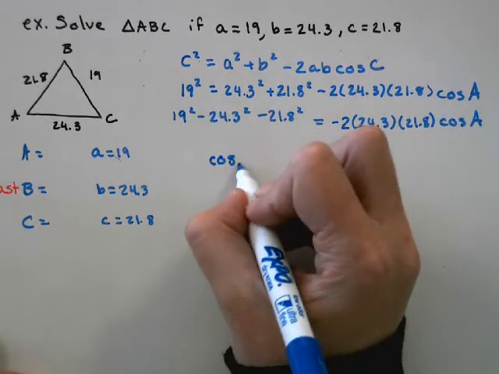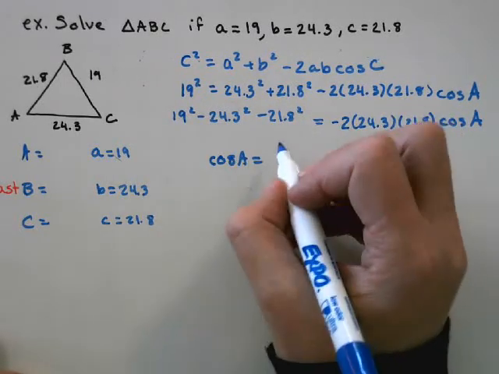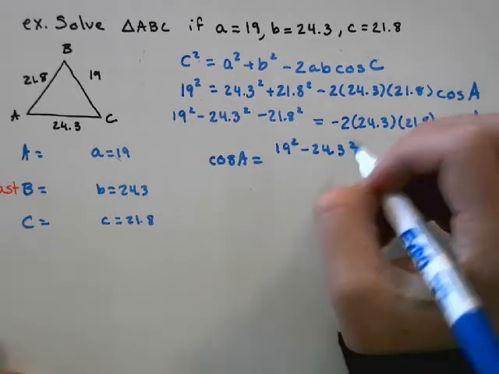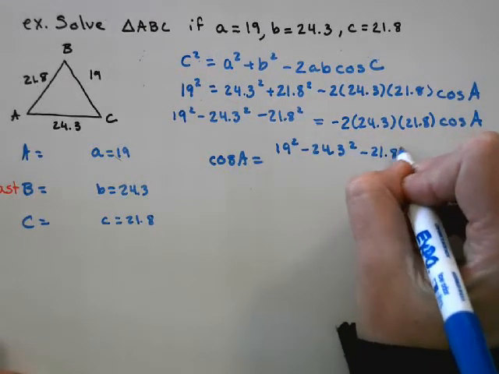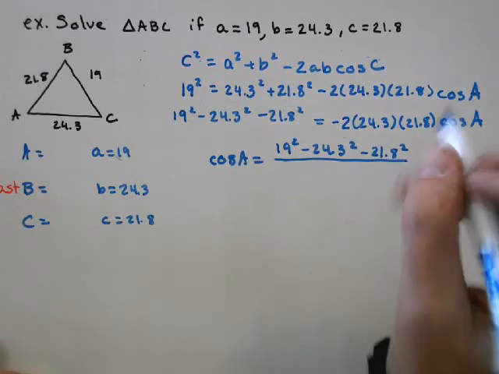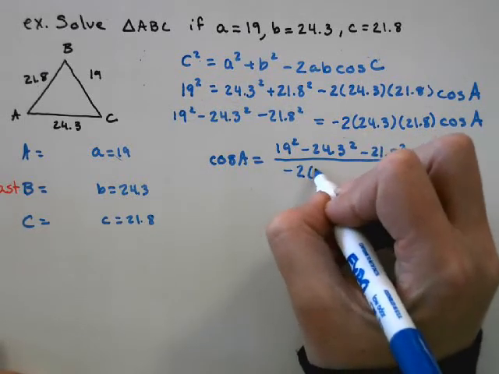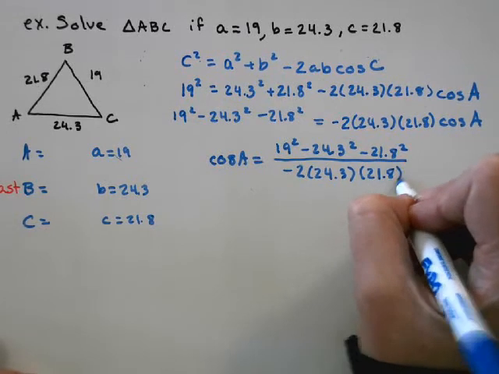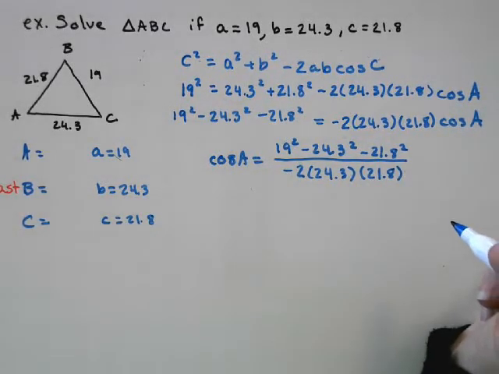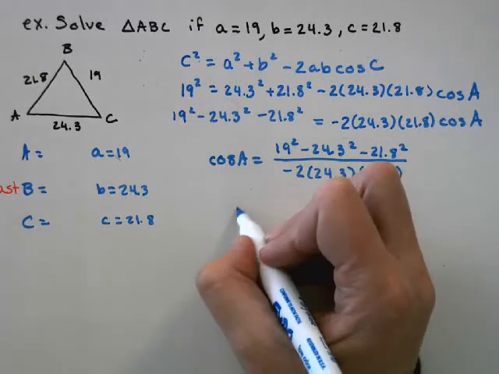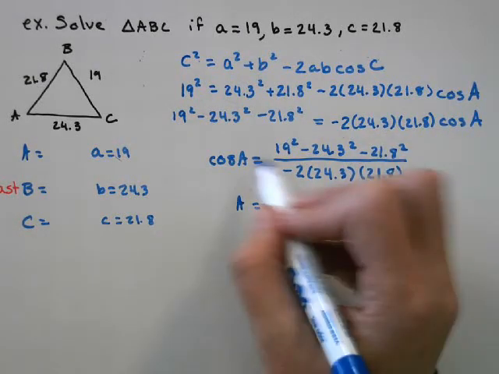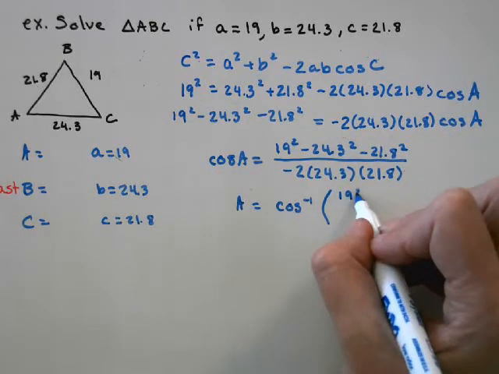So cosine of A is going to equal this, 19 squared minus 24.3 squared minus 21.8 squared, all over negative 2 times 24.3 times 21.8. Our last step then would be to take the cosine inverse. So A is going to be cosine inverse of all of that.